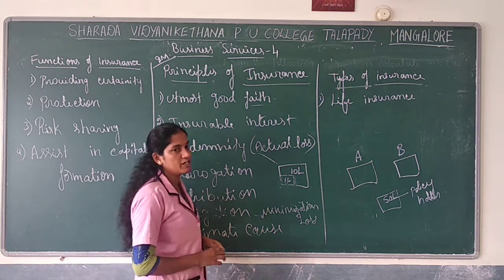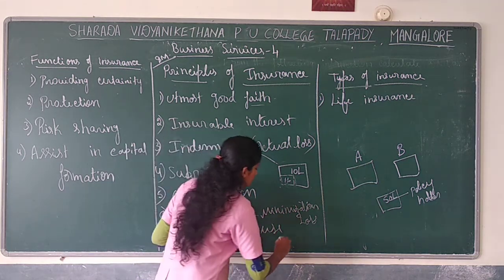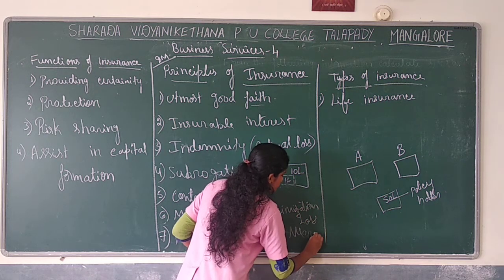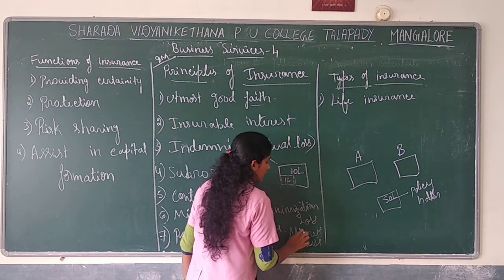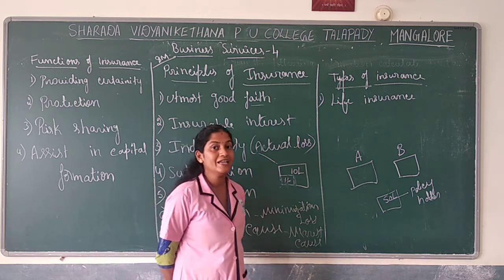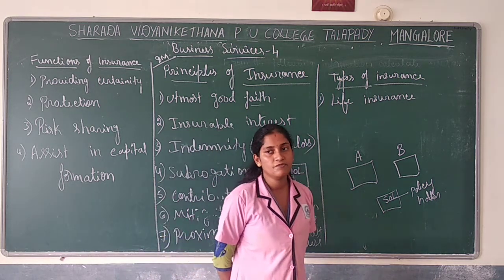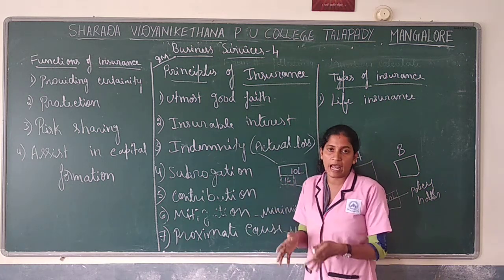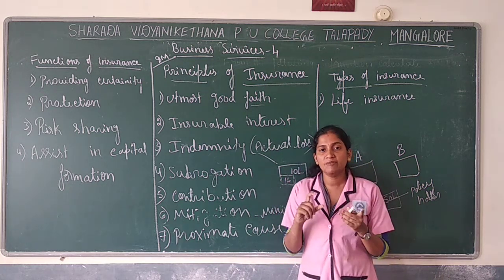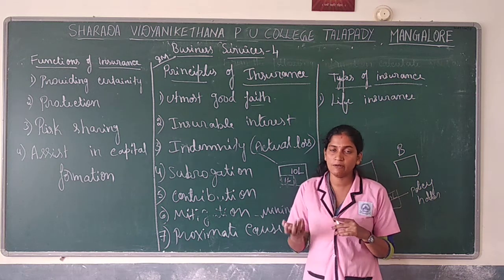Next is proximate cause. Proximate cause is nothing but nearest cause. Sometimes we cannot judge the actual cause, or what actually happened. During that time, the cause nearest to it will be taken.